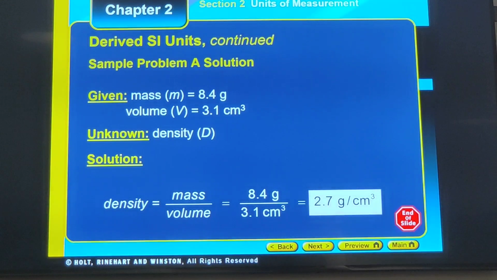They both have 2, so we're just going to round it off to 2 significant digits. So instead of 2.709677419, I'm only going to take the first 2 digits, 2.7. Or if I had to round, I would round. So that's the reason why the answer is 2.7, not with more digits than that.